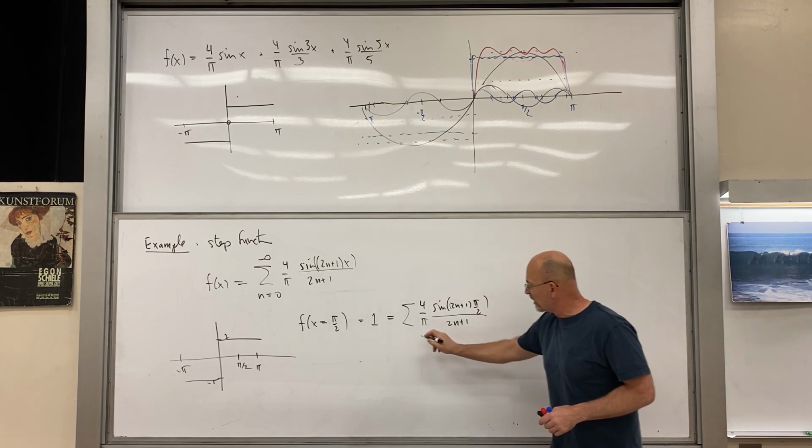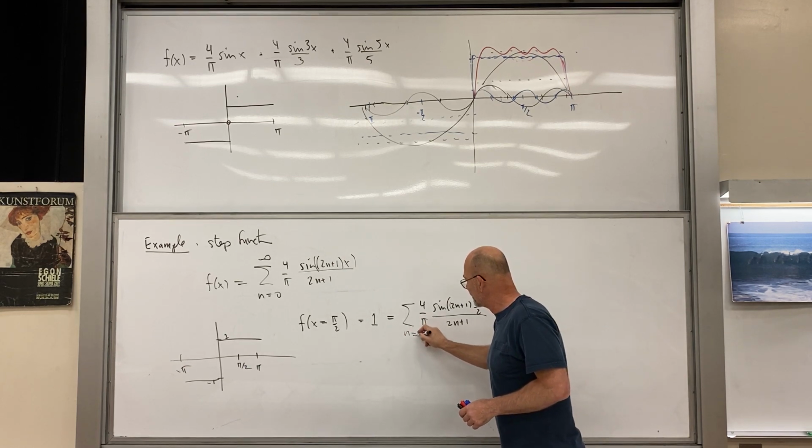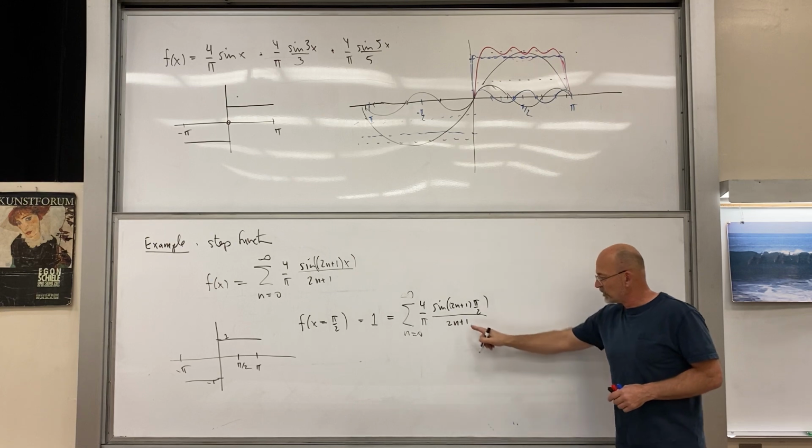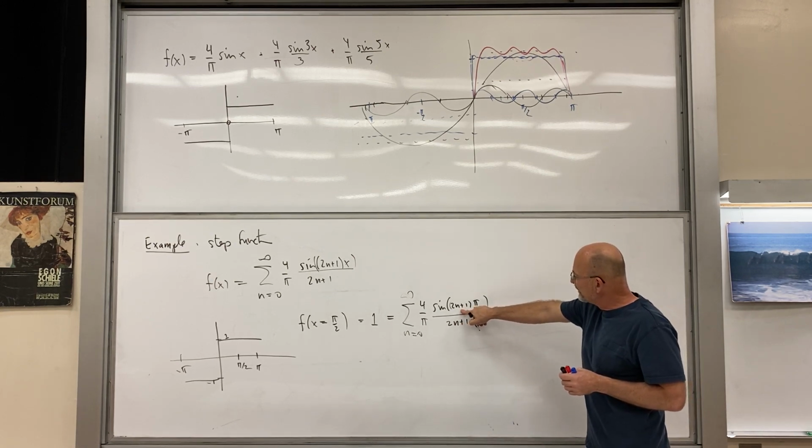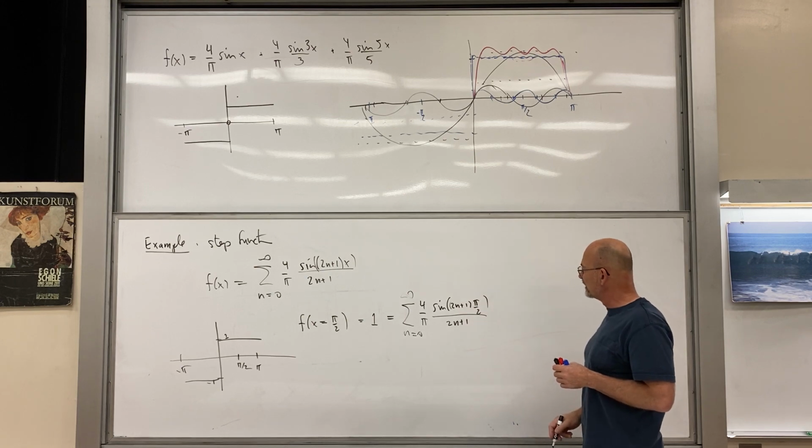And we know this 2n plus 1 is just 1, 3, 5, 7, 9, etc. What about the sine here, 2n plus 1 times pi over 2?